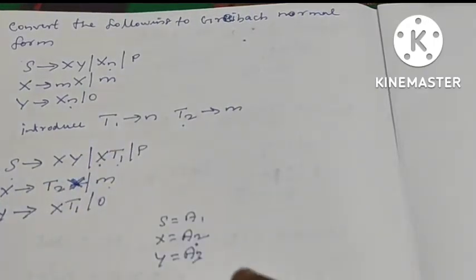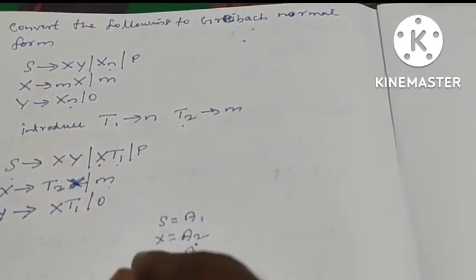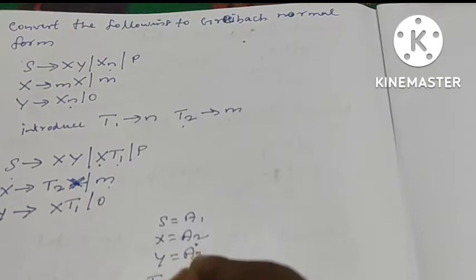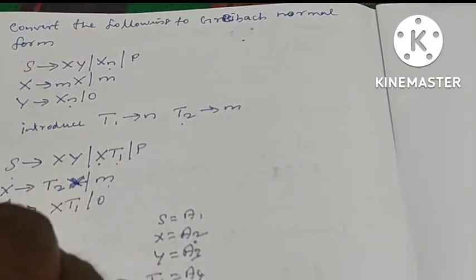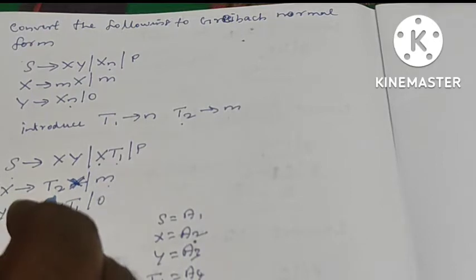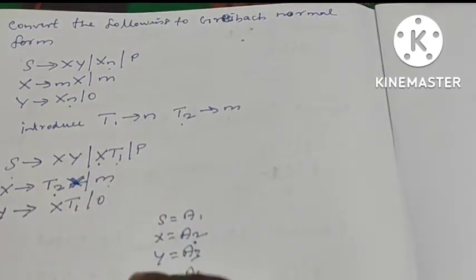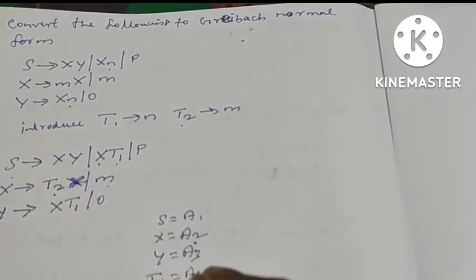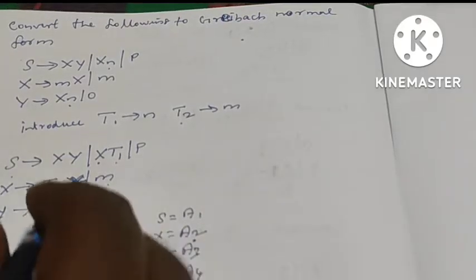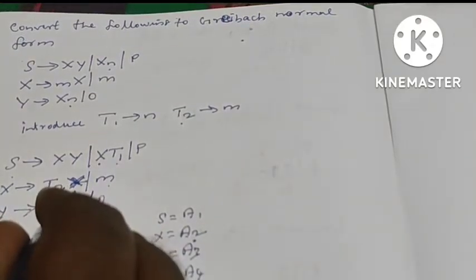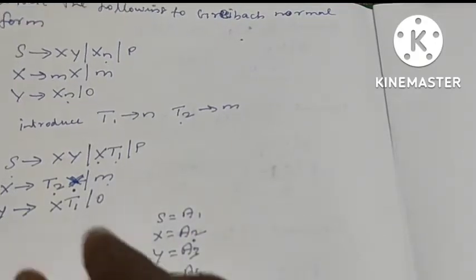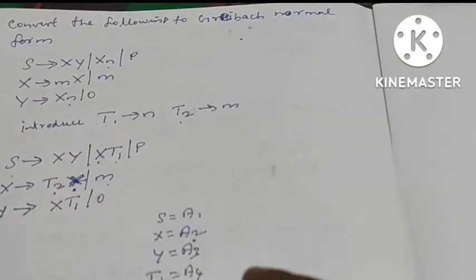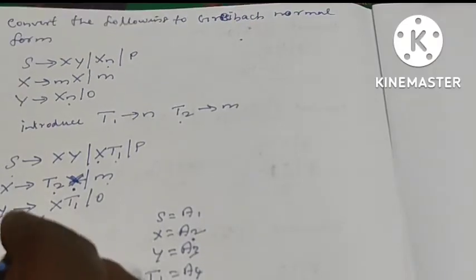T1 is the fourth non-terminal, so T1 will be named A4. Coming to the next line, T2 is the fifth non-terminal, so T2 will be named A5, and X is named A2 already.